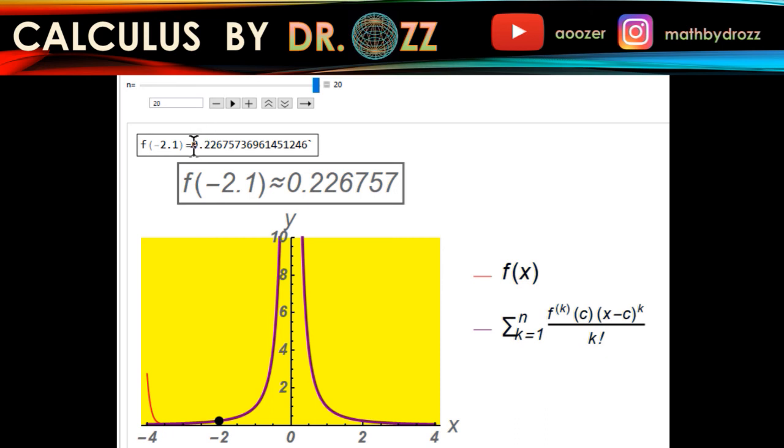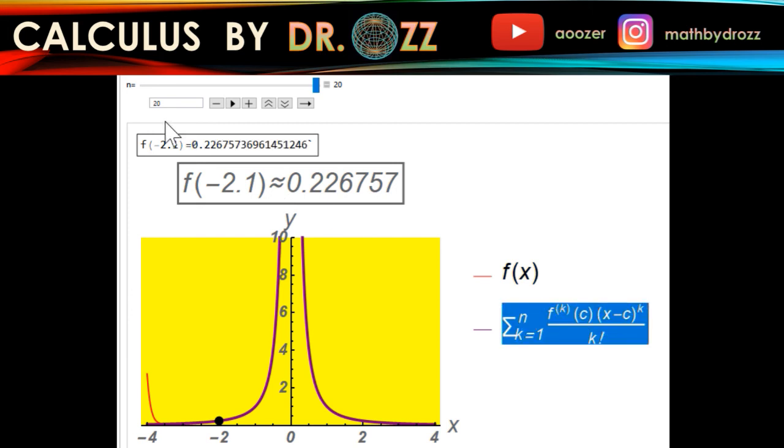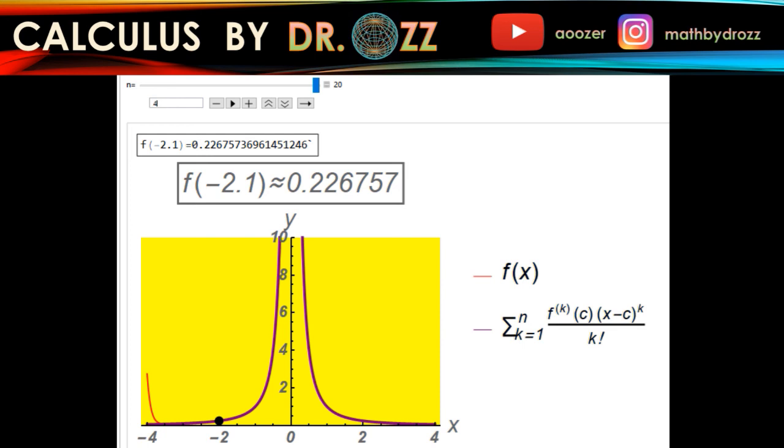If you use your calculator to find 1 over (-2.1) squared, this would be the value that your calculator would spit out. But what we did is we wrote down P4 of x, and then we looked at the approximation. The approximation is the Taylor approximation, n equals 4. So let's go to n equals 4 here, see what's going on.